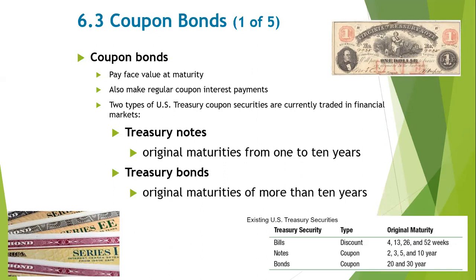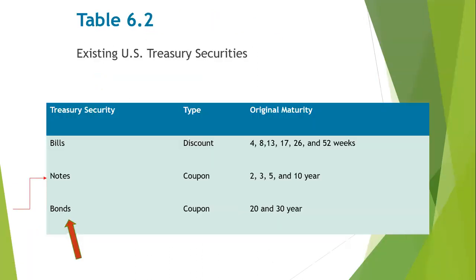So in essence, Treasury bonds are long-term debt securities issued by the government, while Treasury notes are medium-term debt securities. And here you see in this table again, your Treasury notes and Treasury bonds.